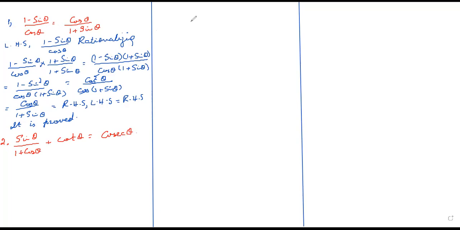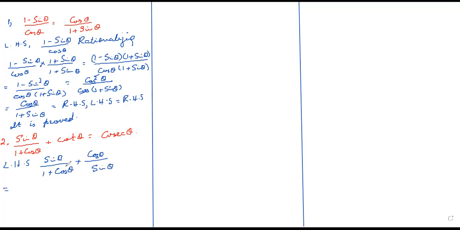We'll try to take the complicated side first and equate it to the other. So we'll take the left hand side this time, which equals sine theta divided by (1 plus cosine theta) plus cotangent theta, which is cosine theta divided by sine theta.